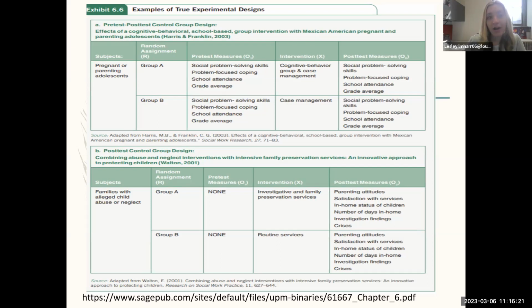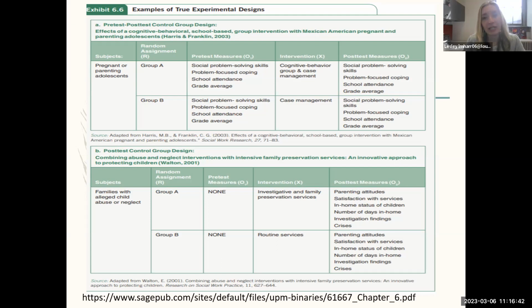One of those groups, group A, is going to receive a new intervention, which is a cognitive behavior case management approach. Group B is going to receive treatment as usual, what they would receive regularly from the organization, which in this case is case management.